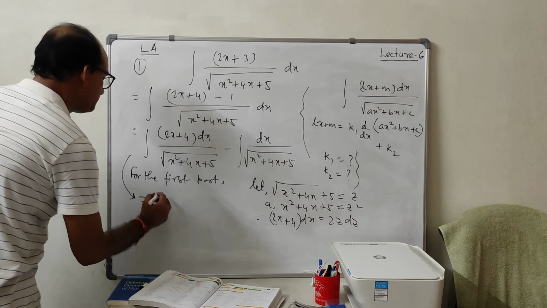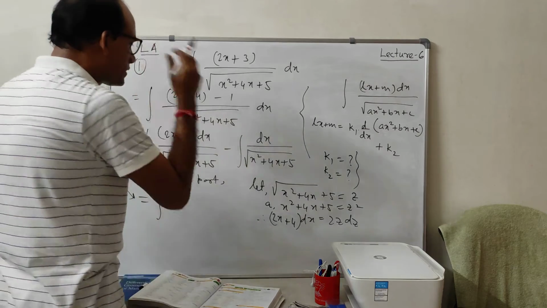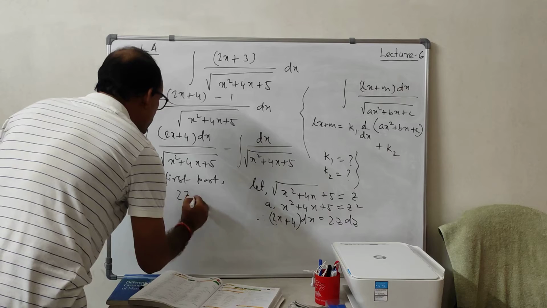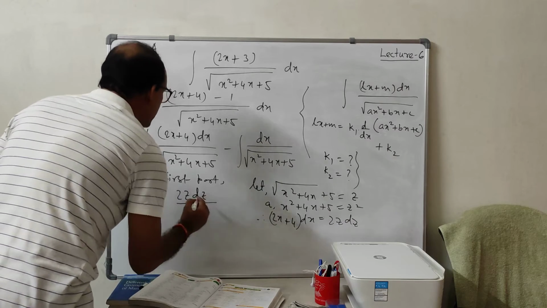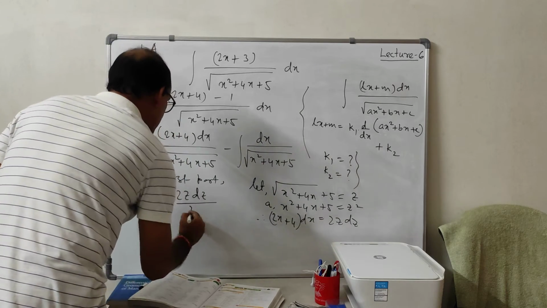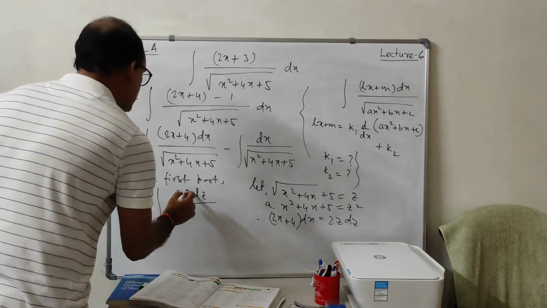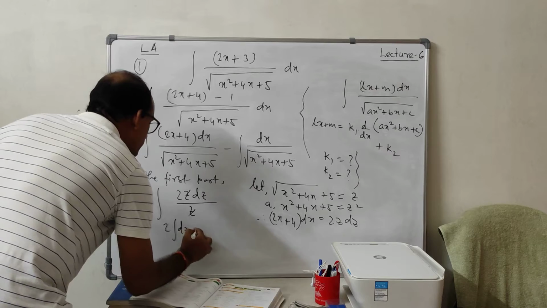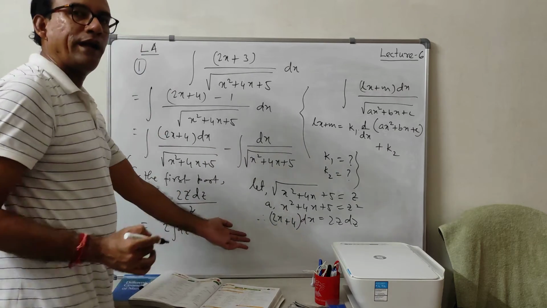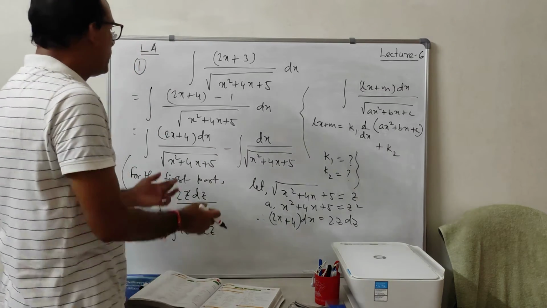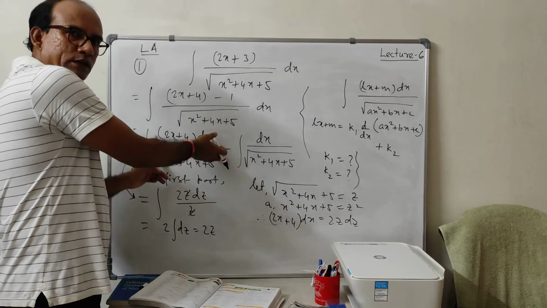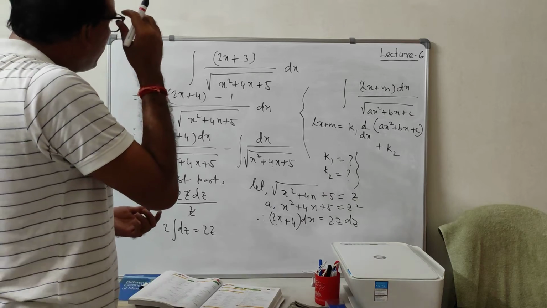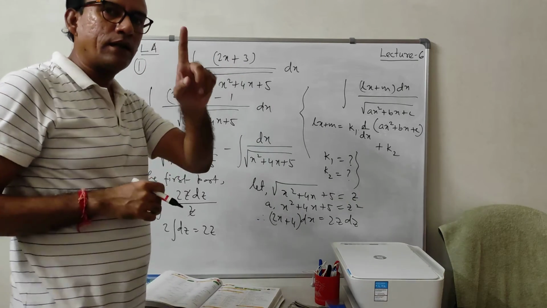So you can write, in place of (2x plus 4) dx, 2z dz over z. The z cancels out. It is 2 times the integral of dz, which is 2z. Don't put any constant here because you get one constant, you get another constant, and at the end you have to write a single constant.